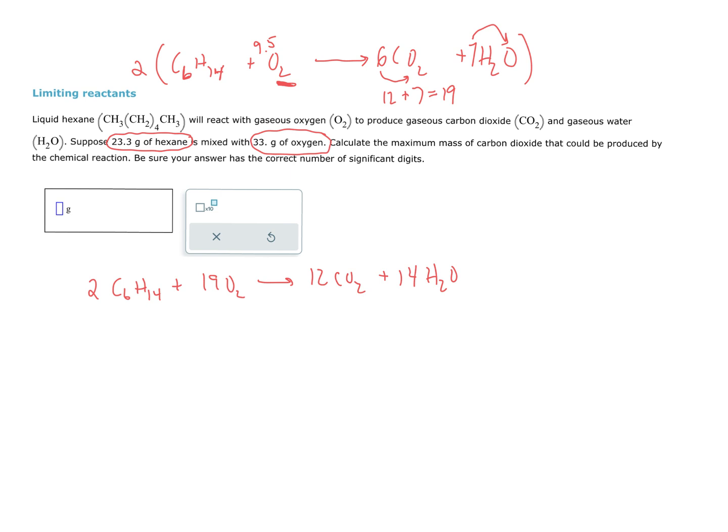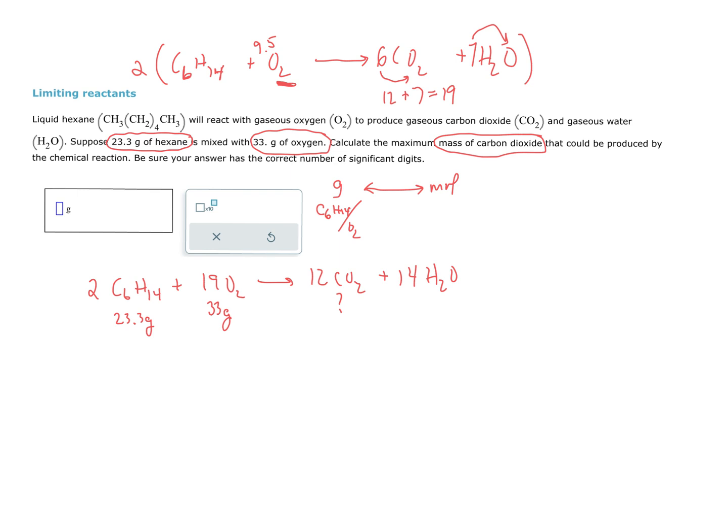So again, another variation of a limiting reagent calculation where we are looking for the carbon dioxide in this reaction. So I've got 23.3 grams of hexane, 33 grams of oxygen, and I'm looking for the mass of CO2. So similarly to our previous questions, we're going to go from grams of hexane and oxygen to moles because I can't do anything grams to grams because they have a different molar mass.